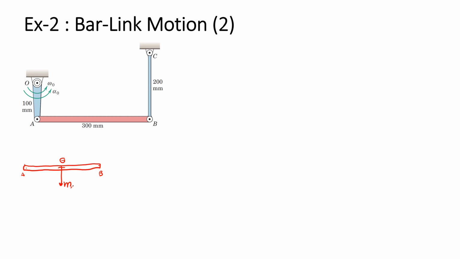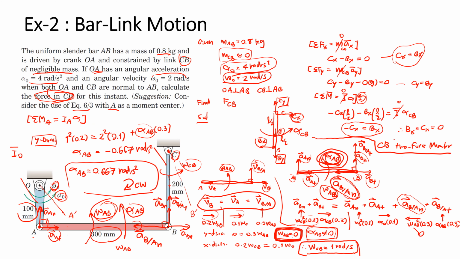Mass of AB multiplied by G is the force at point G, and CB is a two force member.